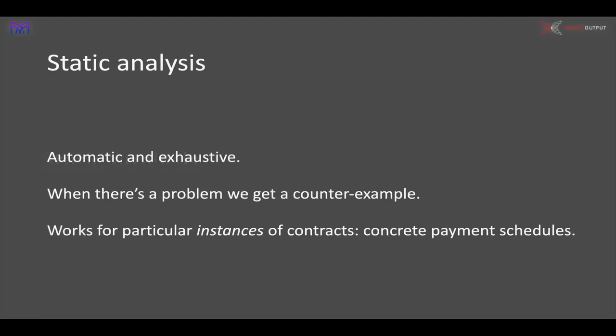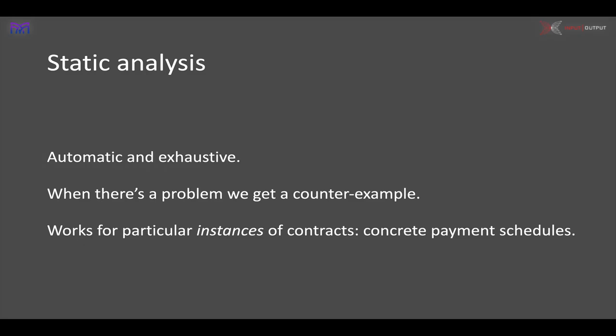And what I mean by that is that we can analyze the complete behavior of a specific Marlowe contract completely without running it. It's entirely automatic, so there's no need for users to do anything, and it's exhaustive. It does check every possible path through the contract.